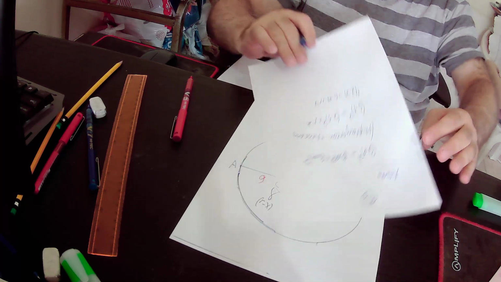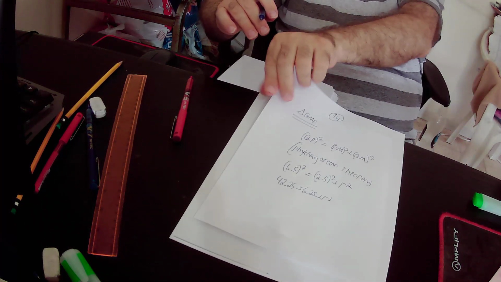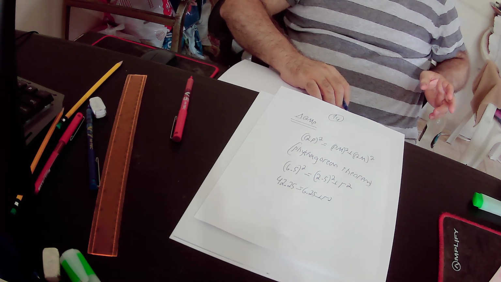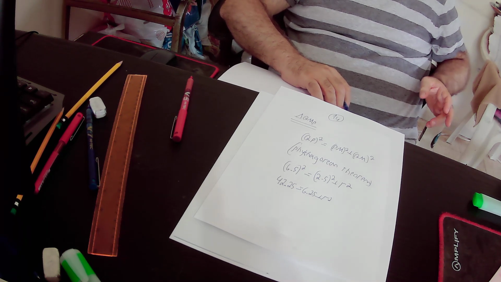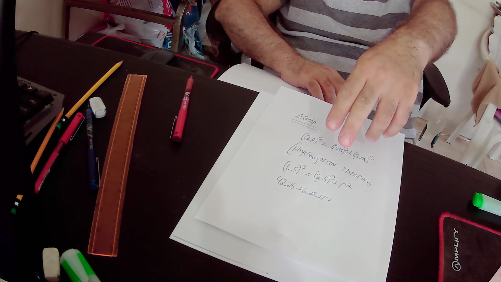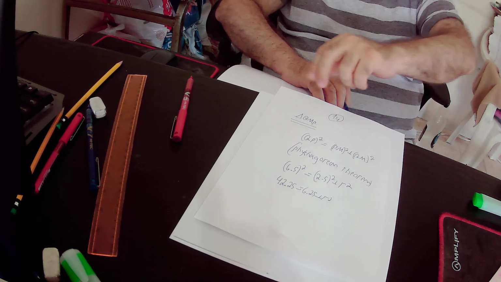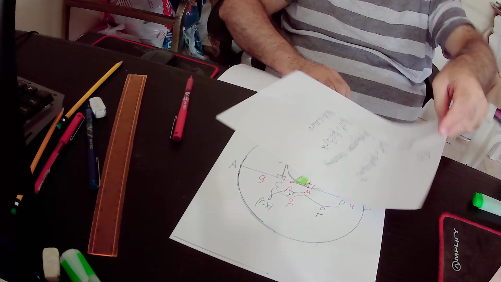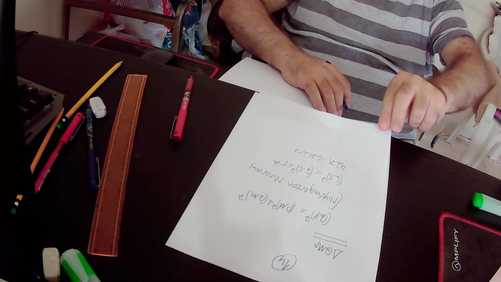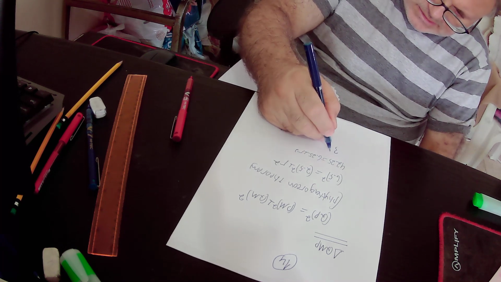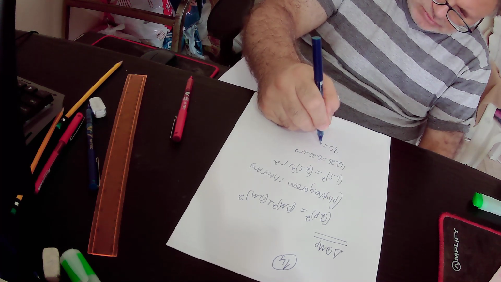We got that 42.25 equals 6.25 plus small r square. Here we can subtract 6.25 from this equality. So 42.25 minus 6.25 is 36. 36 equals r square.